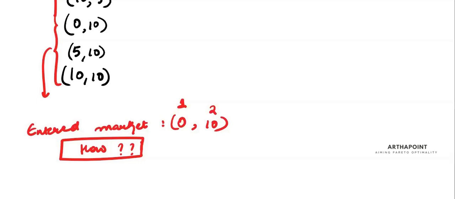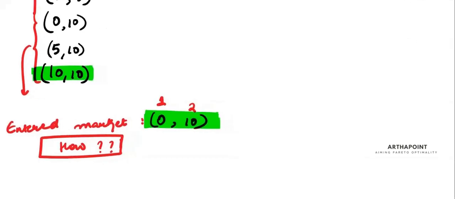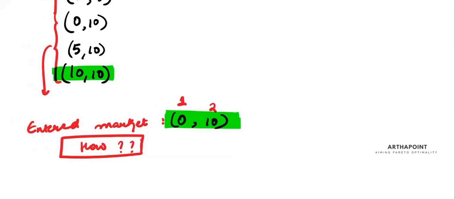If he is entering the market with zero units of good 1, 10 units of good 2, how is it possible that he can have both 10 units of good 1 and good 2? How can he have that much more income so that this would be the best thing for him, to have everything of all the goods? But how would it even be possible that he can do that?